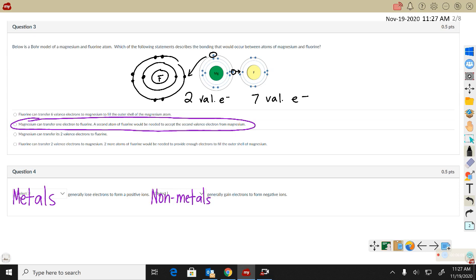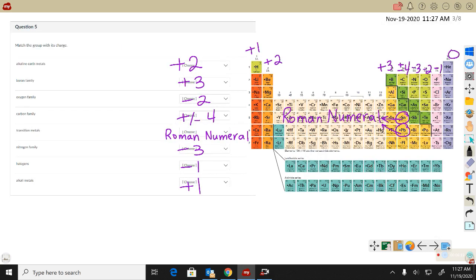So the metals are usually positive, the nonmetals are negative, which you can kind of see in a full picture on a periodic table. So in question 5, we were matching the groups with their charge, and so if you haven't already, I would highly suggest marking up the periodic table on the back page of your textbook.